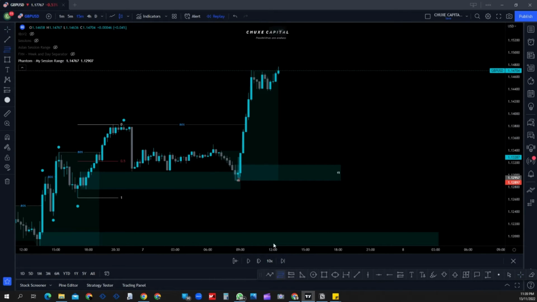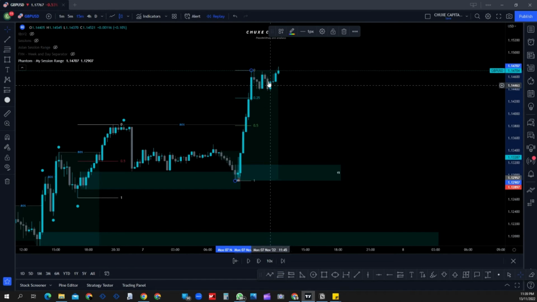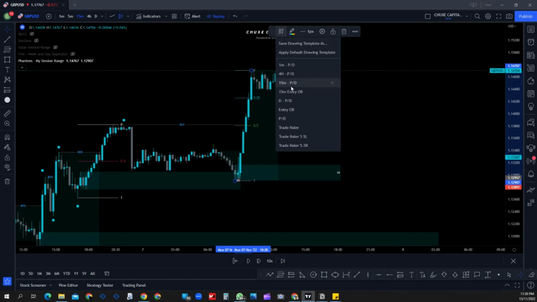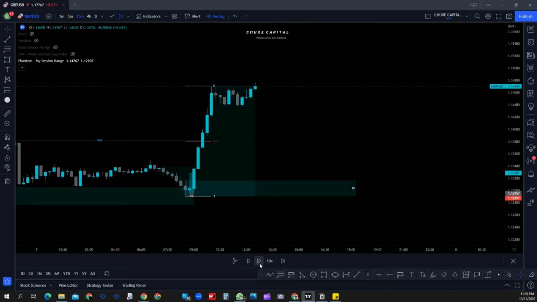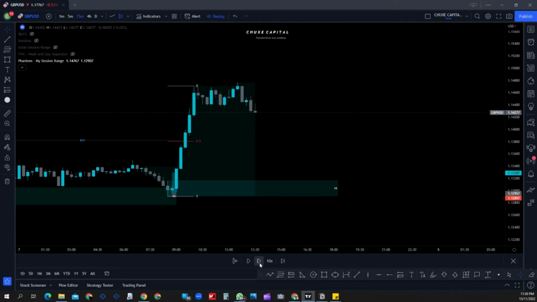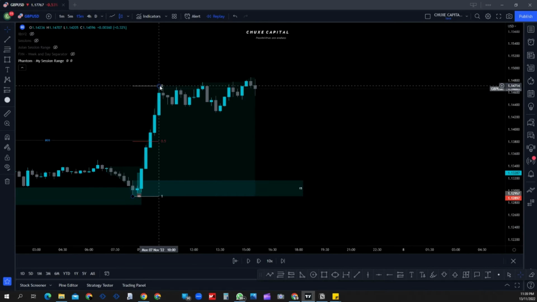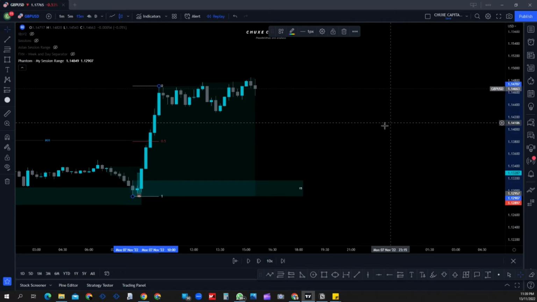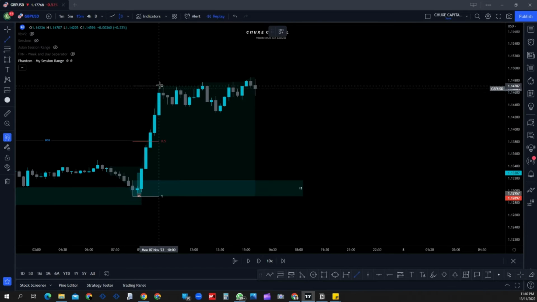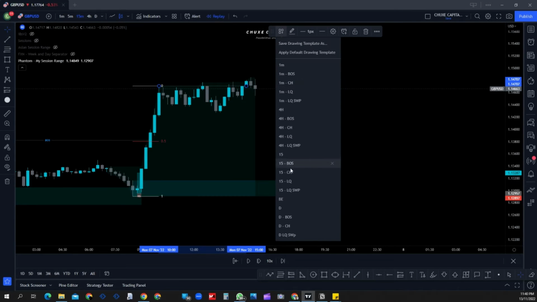So this is meant to be the pullback. This candle closed below that, so that's a pullback. Okay, so pullback, break the 15 minutes PV.